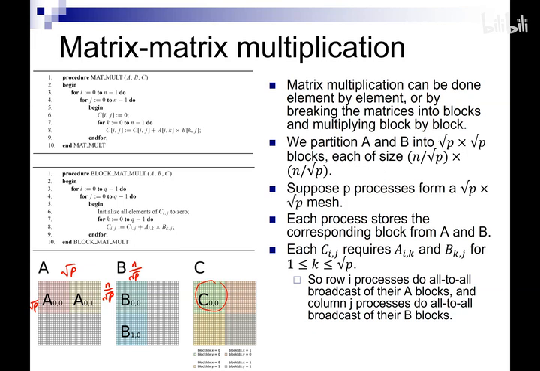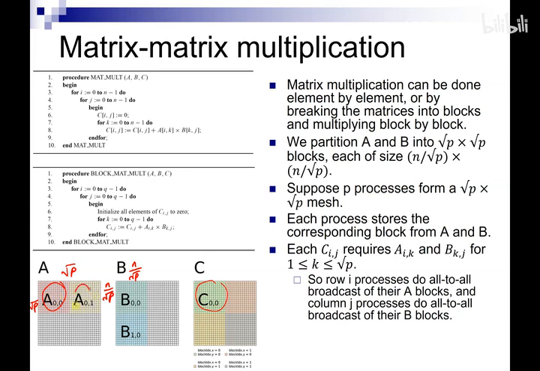So the first thing we're going to do is, in each row i, all the processors are going to do an all-to-all broadcast of the A block that they start with. For example, this one starts with this block, so he's going to broadcast it to his entire row of processors.